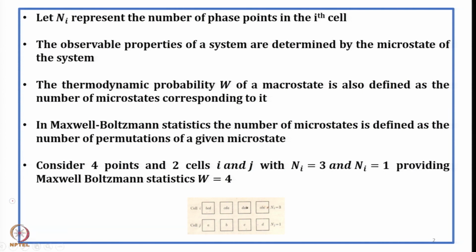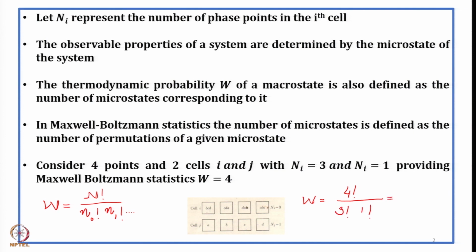you remember that W was defined as n factorial over n0 factorial, n1 factorial, and so on. So here I will write W equals n factorial, total 4 factorial, over, in cell I we have 3, so 3 factorial, in the other we have 1 factorial.